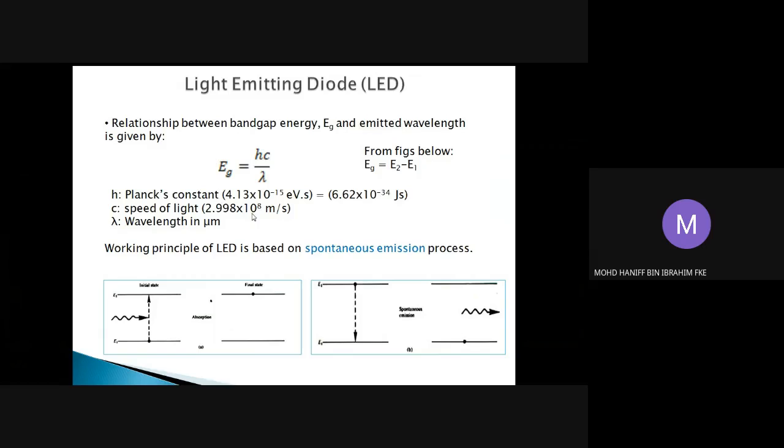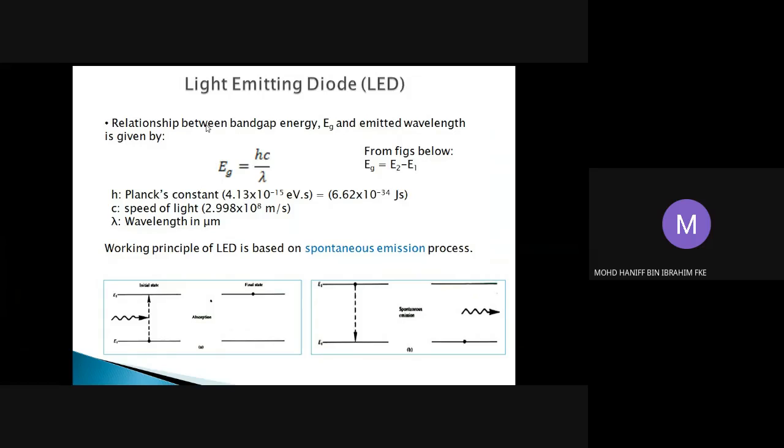The Planck constant is 4.13 times 10 to the negative 15 in electron volt seconds, and it can also be written in joule seconds by multiplying this value by the charge, 1.6 times 10 to the power of negative 19. This produces 6.62 times 10 to the negative 34 joule seconds, which is the Planck constant value. The speed of light is 3 times 10 to the power of 8, and lambda is the wavelength in micrometers.